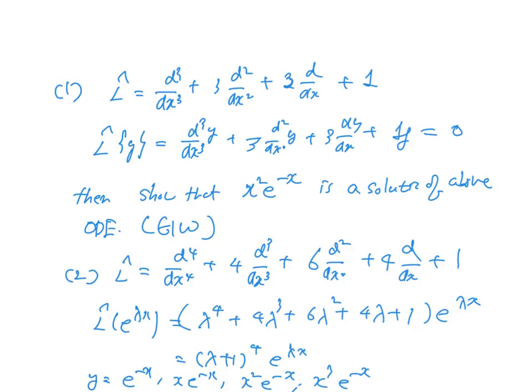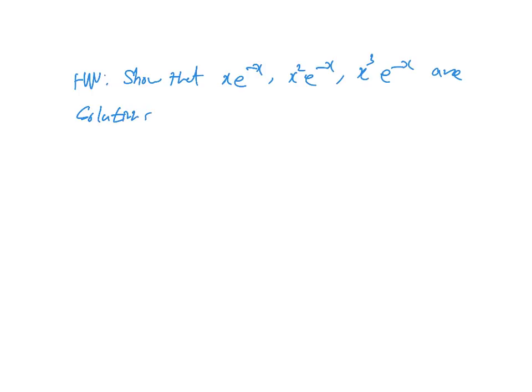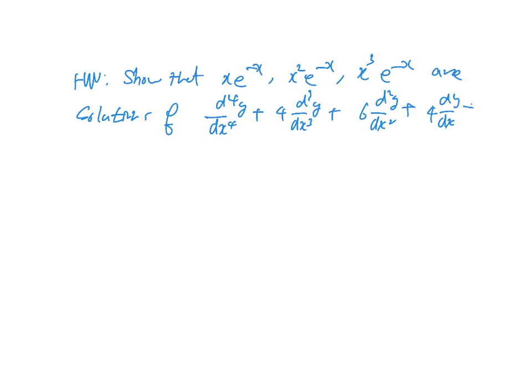So I will give you homework: show that x exponential minus x, x squared exponential minus x, x cubed exponential minus x are solutions of this differential equation, d4y over dx4, plus 4 d3y over dx3, plus 6 d2y over dx2, plus 4 dy over dx, plus y equal to 0.